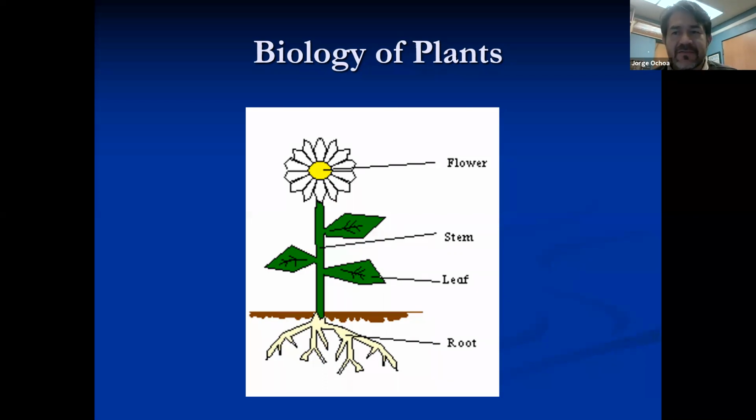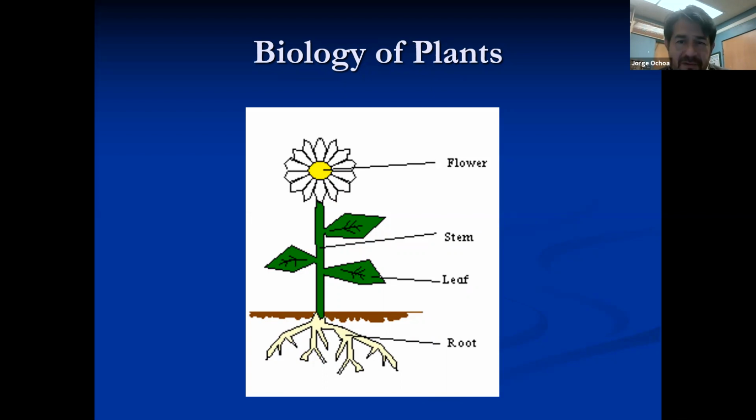And if the flowers are then followed by the fruit, or the plant that you're growing, you desire to have the fruit, then sacrificing the flowers will also sacrifice the fruit. So be aware that pruning can have a negative impact on the flower and the fruit of the plant.